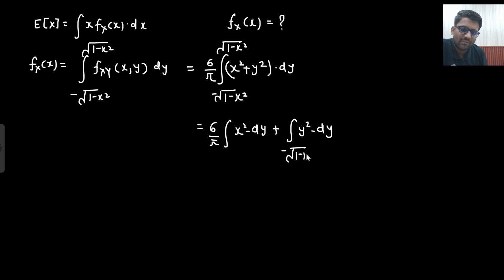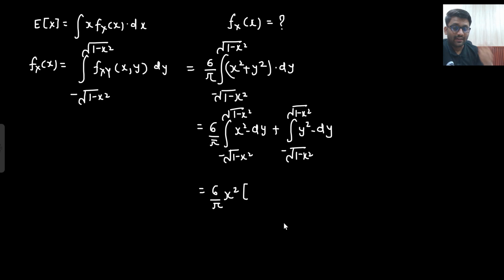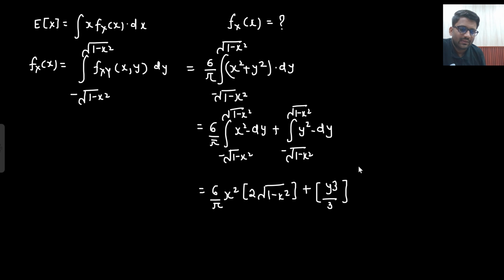So 6 by pi x square is outside and then dy, giving 2 under root 1 minus x square, plus y cube by 3. Basically this will be 0 only, right? Why will it be 0? No, it will not be 0. Sorry guys, it will not be 0, right?